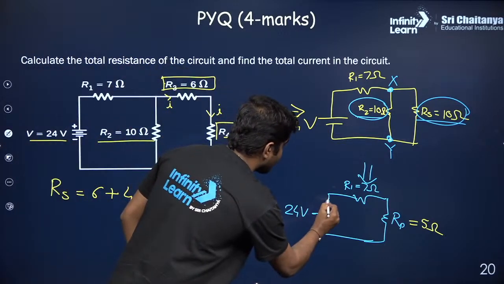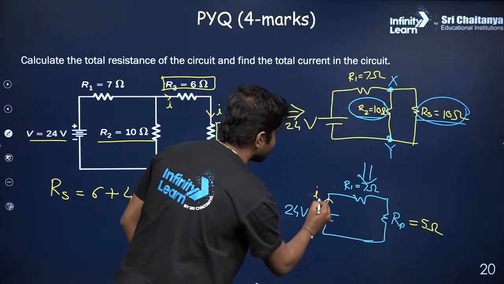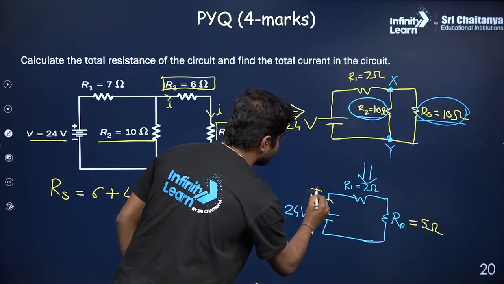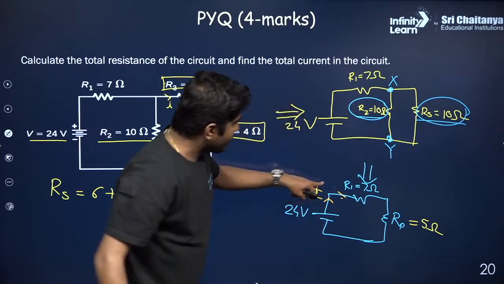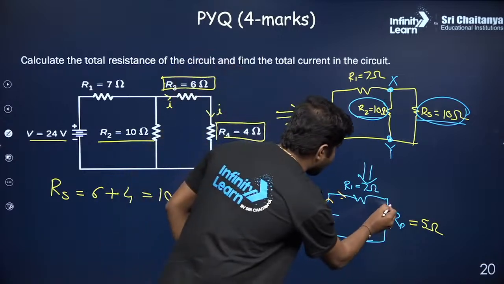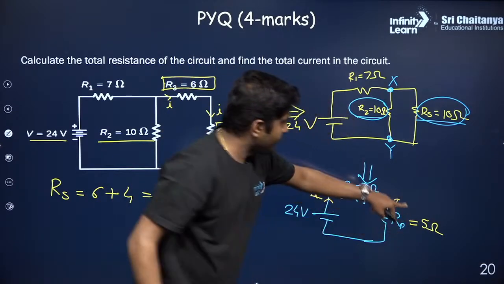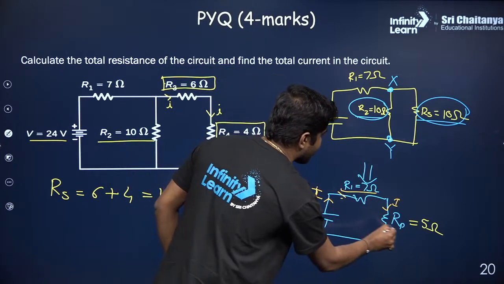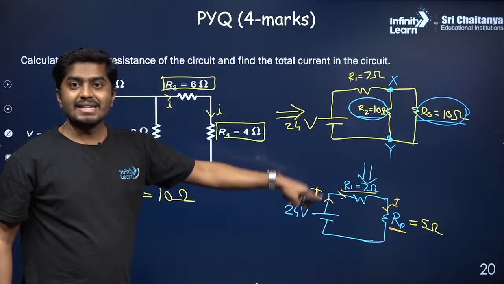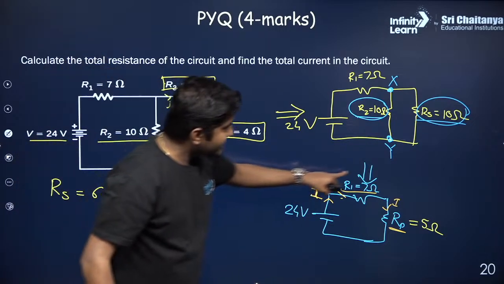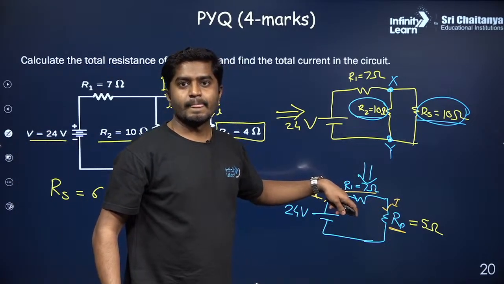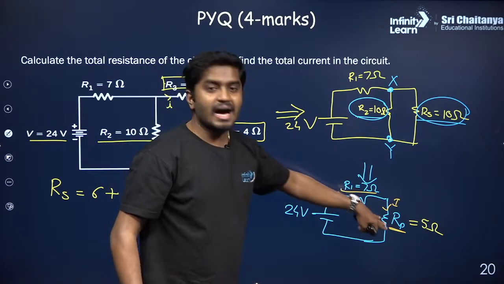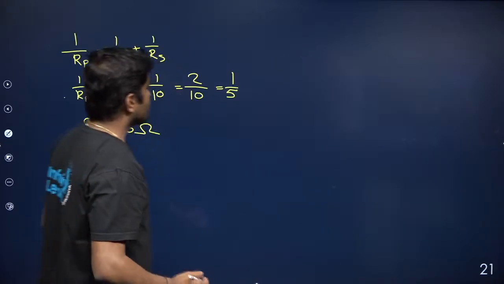You see here the current which is flowing through this. Let's suppose there is a total current. The same total current will flow through R1, and again the same total current will flow through RP. So now this R1 and RP, they are in series because the same current is flowing through them. Correct?